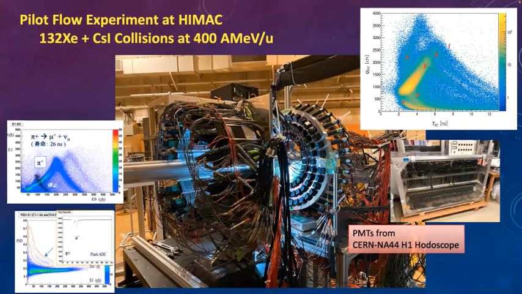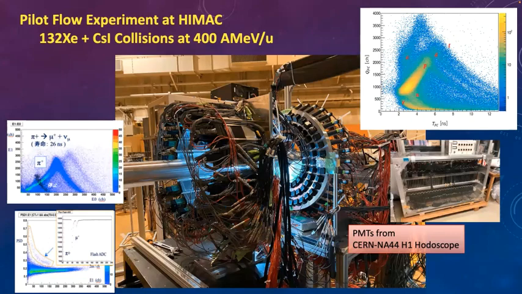No, these are independent detectors at different rapidity. Most of them are forward, and this is target rapidity. So you measure the reaction plane from the projectile, and then you look at the target region. Yes, that's right.